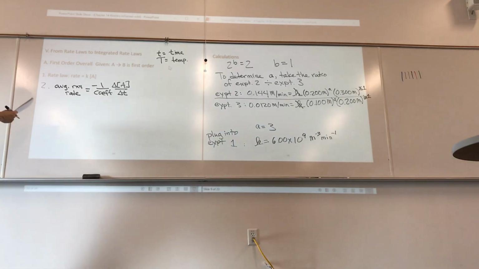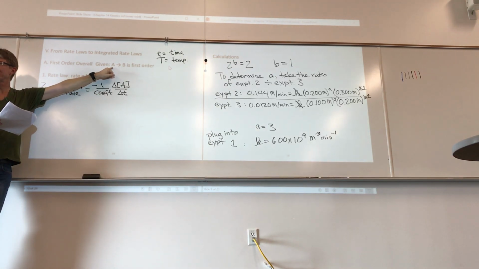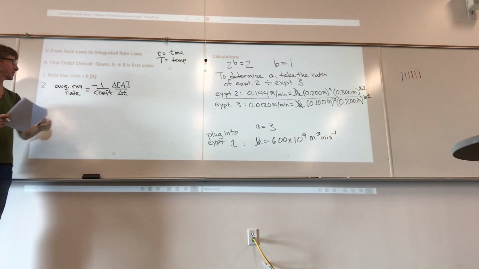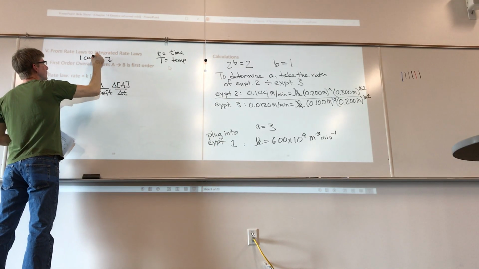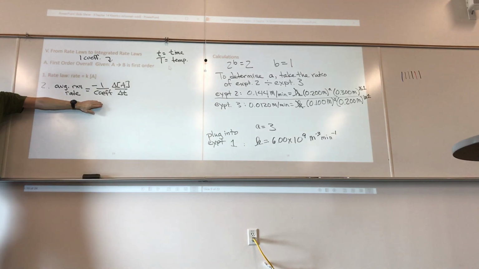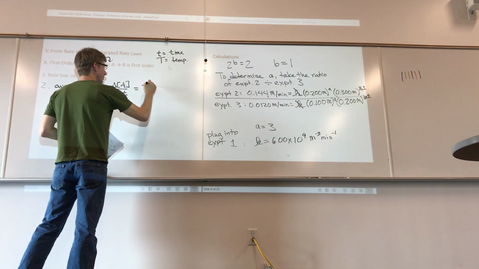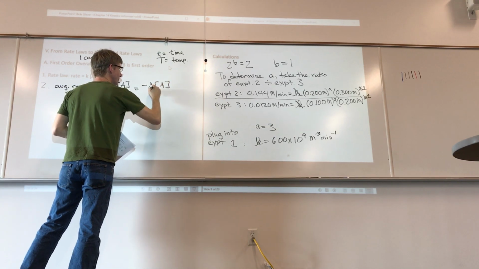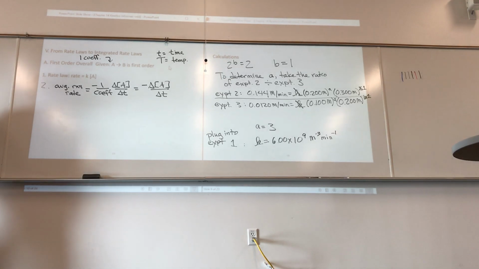Now, in this particular reaction, we're given that the coefficient is 1. So the coefficient term drops out. That makes this a little simpler. So we don't need that part.